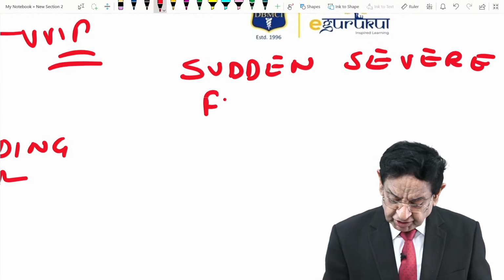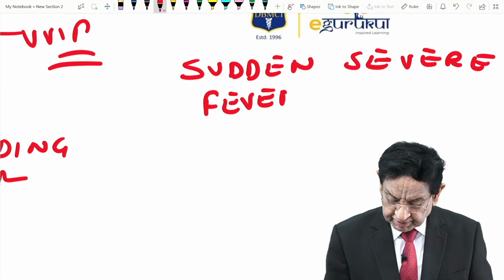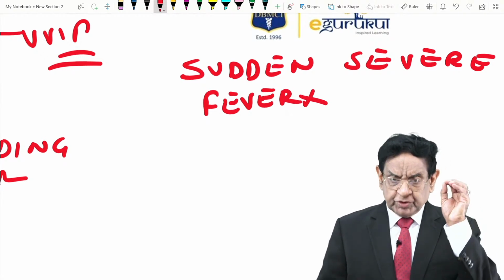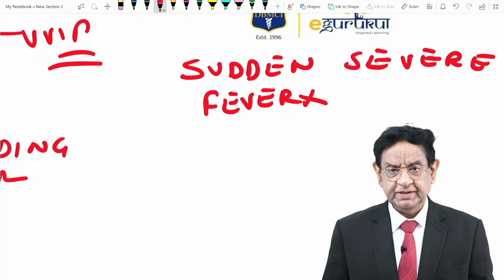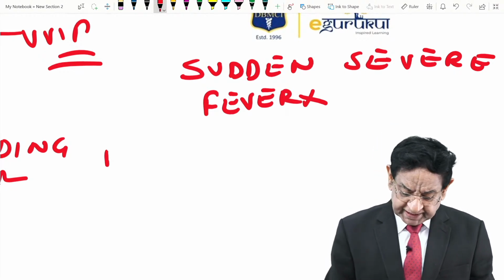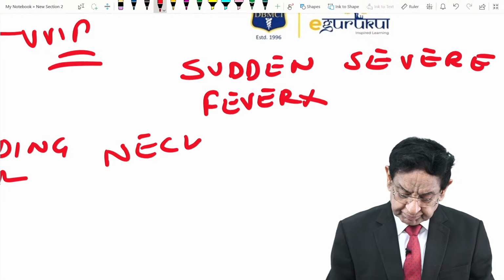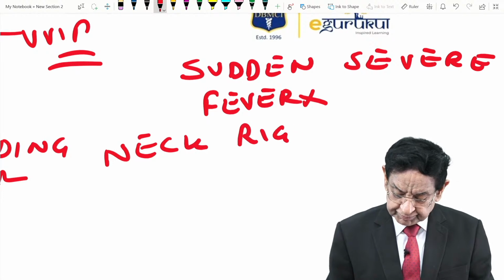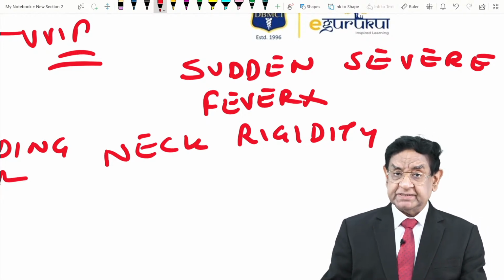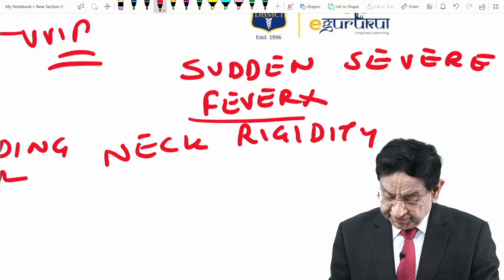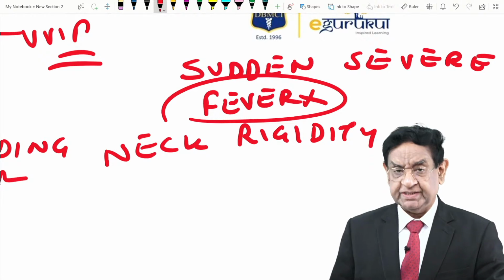Usually fever is not there. If the question comes like this, it is subarachnoid hemorrhage. And there may be neck rigidity, which is seen in meningitis. But in meningitis, fever is a feature. Fever is usually not a feature in this.